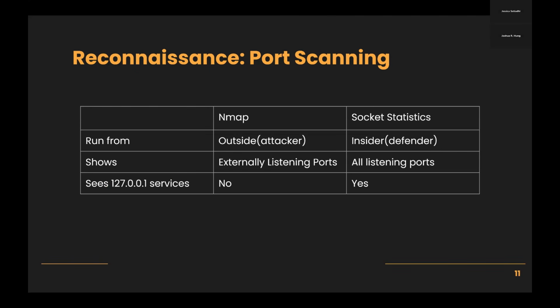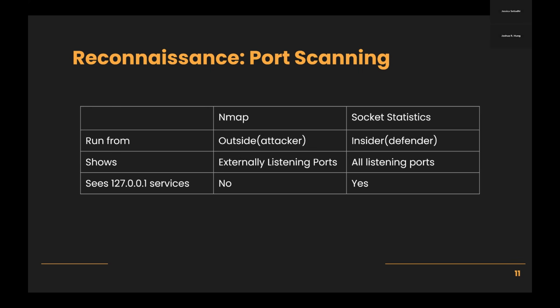Something quite important when you first get access to a compromised machine is reconnaissance. Here, I have two specific tools: Nmap and socket statistics. Nmap is typically used from outside by attackers to see what openings they can use to attack the machine.